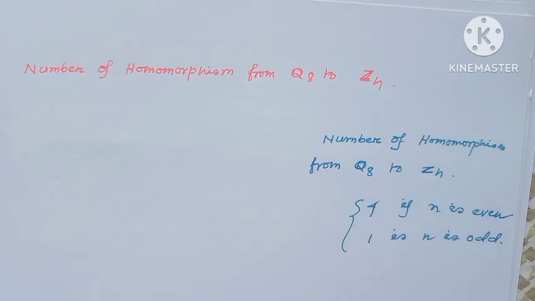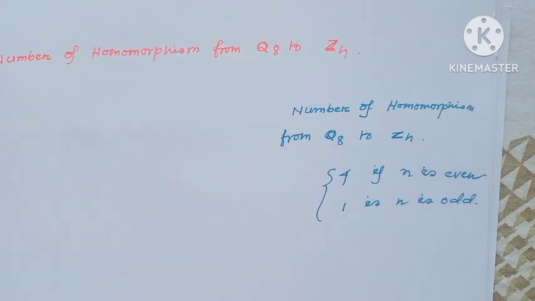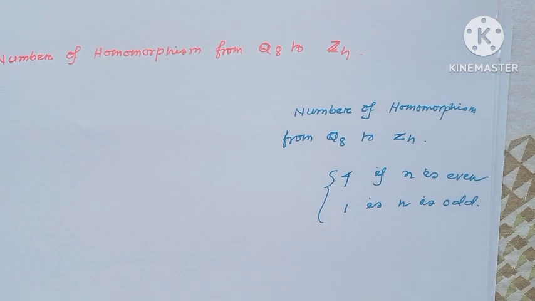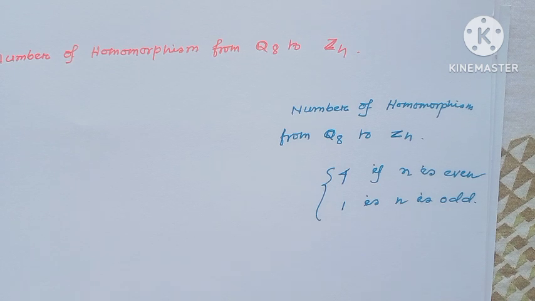Now I will see how many homomorphisms exist from the group Q8 to Zn. Shortcut trick: the number of homomorphisms from Q8 to Zn is 4 when n is even, and when n is odd, this is equal to 1.